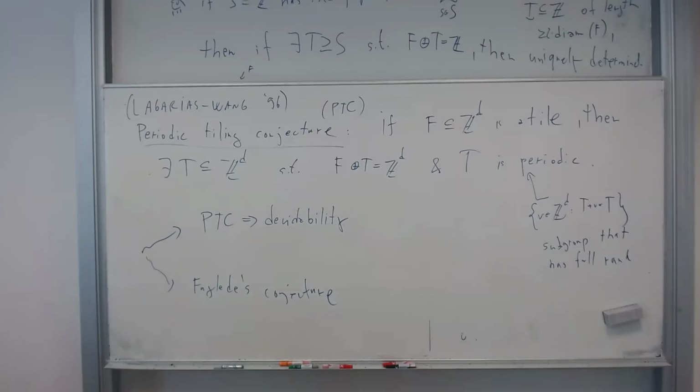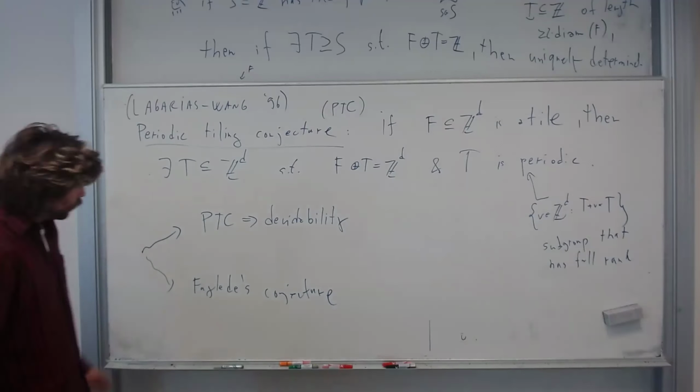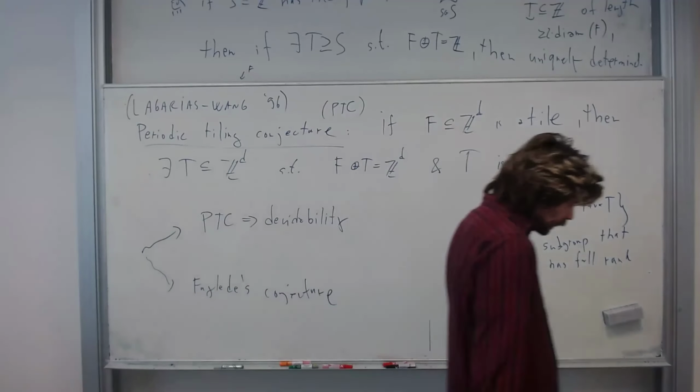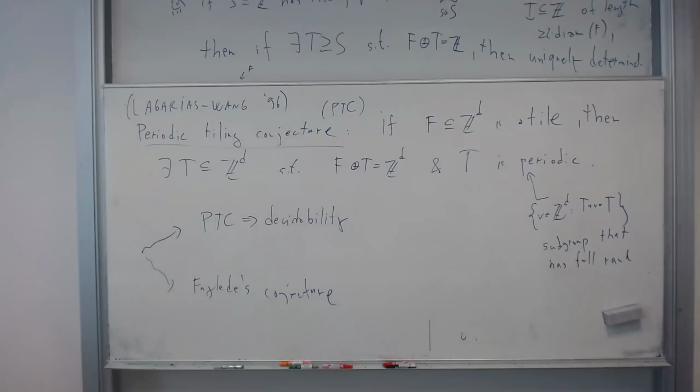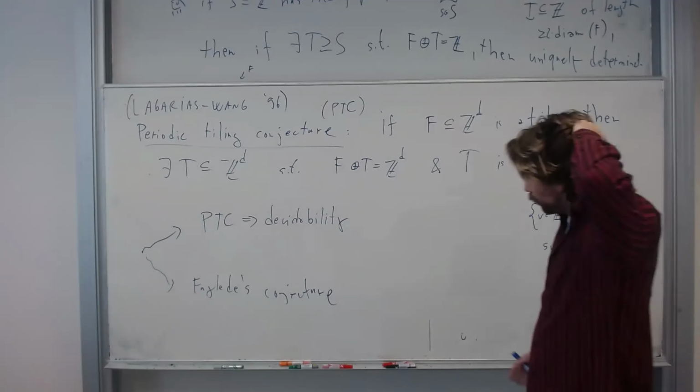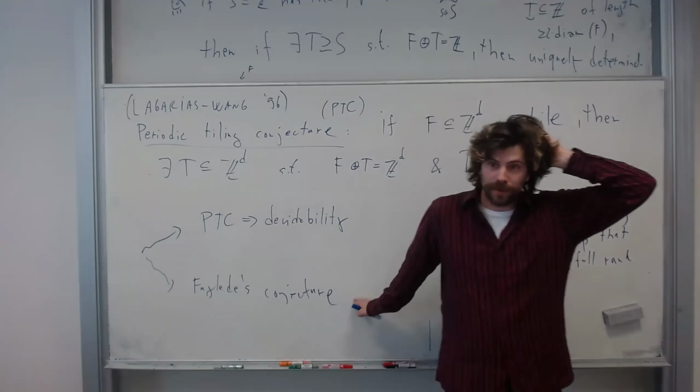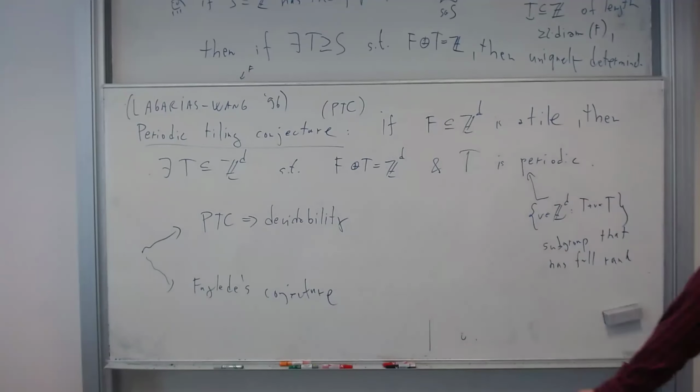No. The Z^d conjecture is wrong. It's known to be wrong in dimension greater than 3. And in dimensions 2 and 1, it's completely open. They don't know anything.